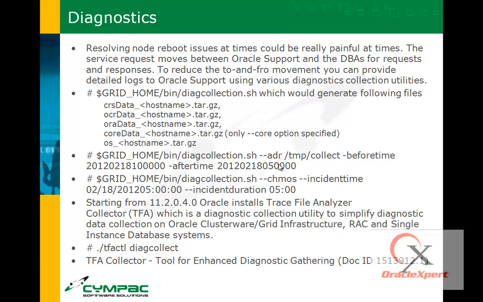You can download it as a separate utility from Metalink, which is a diagnostic collection utility to simplify diagnostic data collection with respect to Oracle Clusterware, Grid Infrastructure, RAC, and single database systems. So it collects even more, with verbosity and lesser overhead, diagnostic data.